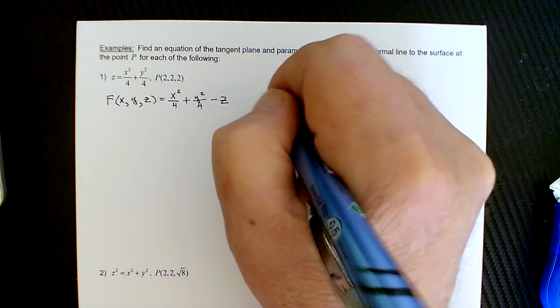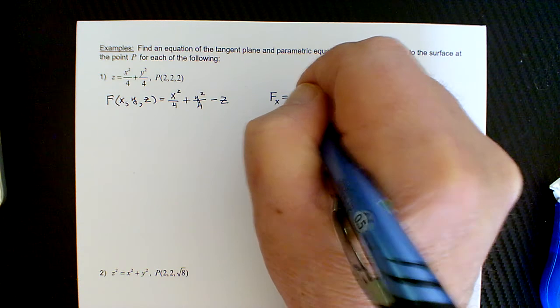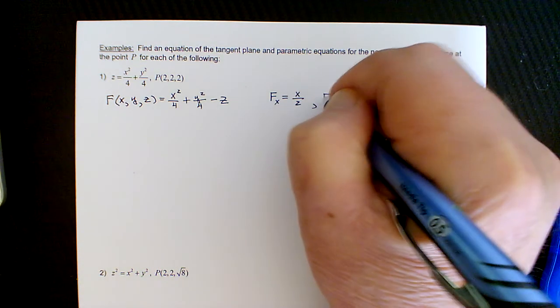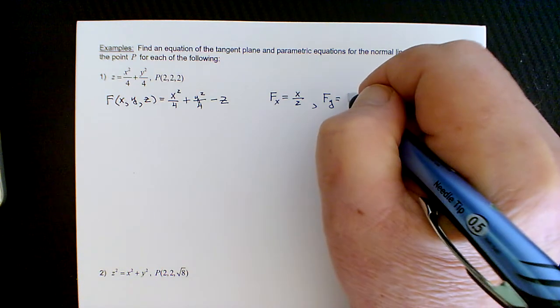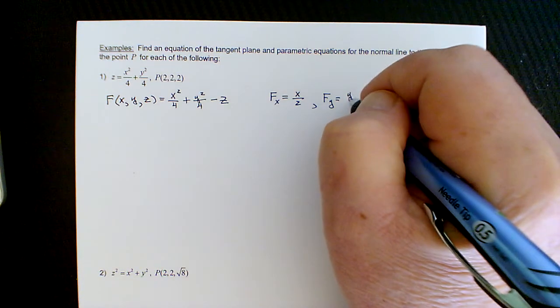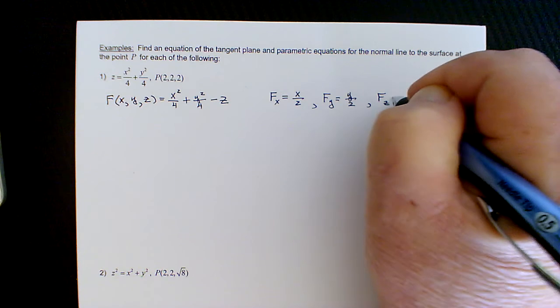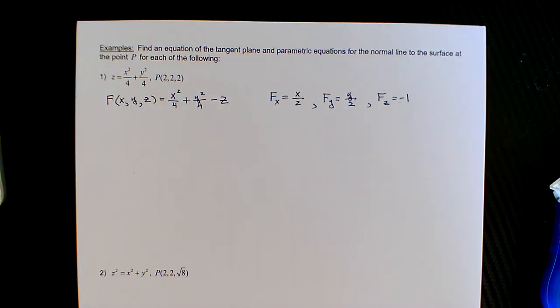We'll find the three partials. F sub x would be 2x over 4, or x over 2, or 1/2 x, however you want to write it. F sub y would be 2y over 4, or y over 2, and then f sub z, as we expect, it's -1.